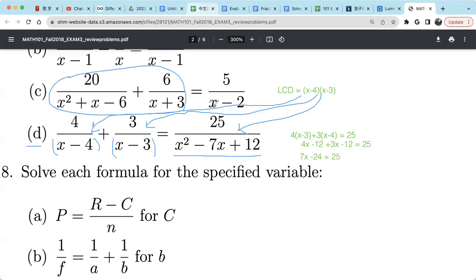Now I move negative 24 to the other side because I want to single out x. So I get 7x equals 25 plus 24, which is 49. Divide by 7 on both sides, so x equals 7, since 49 divided by 7 is 7. So 7 is my solution for D.